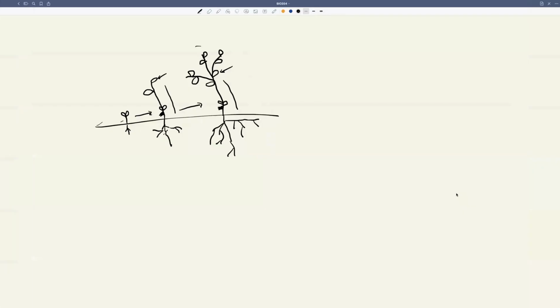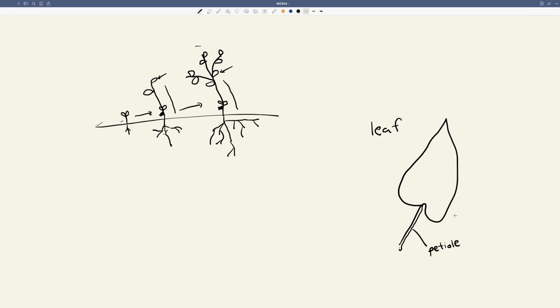When somebody talks about a leaf, I think we want the leaf to be the broad part, but the leaf actually also includes the stalk. So the stalk here is called the petiole, and the broad photosynthetic part is the blade.